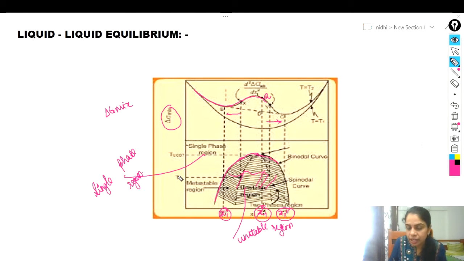So temperature T with respect to x1 dash and x1 double dash, that curve, or we can say this region is the unstable region, because we have seen that this is the region in which the energy is going towards the increasing side.